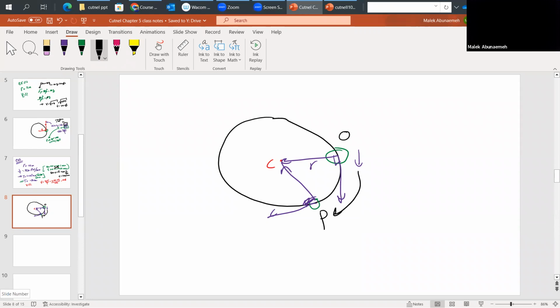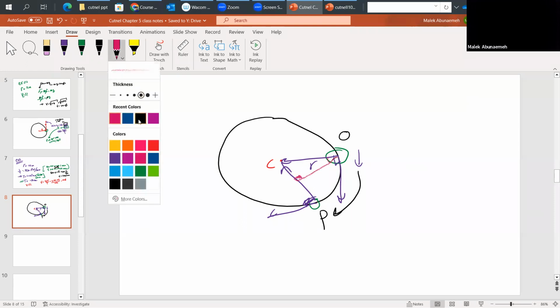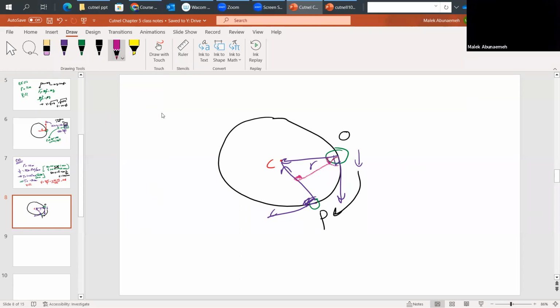Now, if you drop a line to make this into a perfect triangle, you can call these two angles alpha and beta. So let's say this is your beta, this is your theta, or your alpha. It's called alpha.